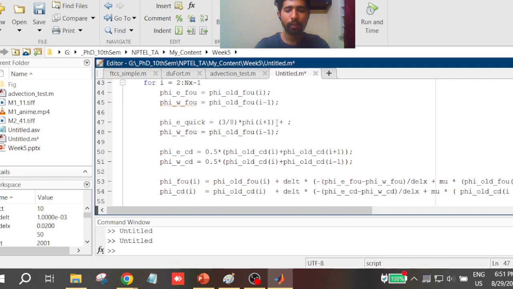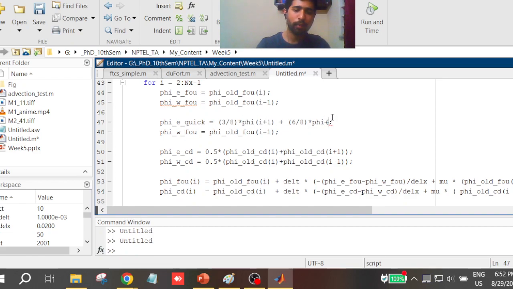Plus again, I don't remember, 6 by 8 and 1 by 8. You need not remember these things; you can derive them and then write this. Phi of upstream, and upstream of upstream.